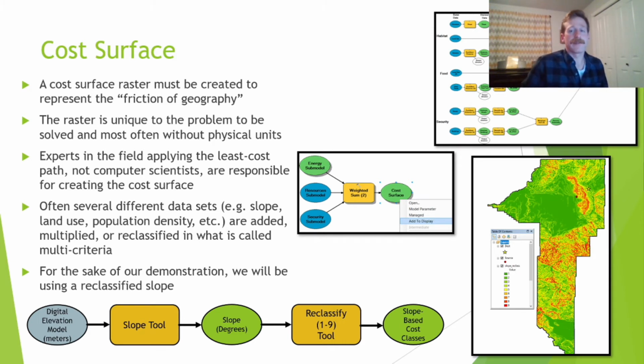Often, though, they are without physical units, because we combine multiple data sets that could not add together unit-wise to come up with a classification of where it's easy and where it's hard to move through. And really, that work is done not by computer scientists at all, but by the experts in the field.